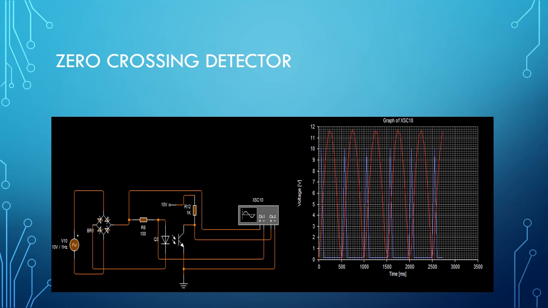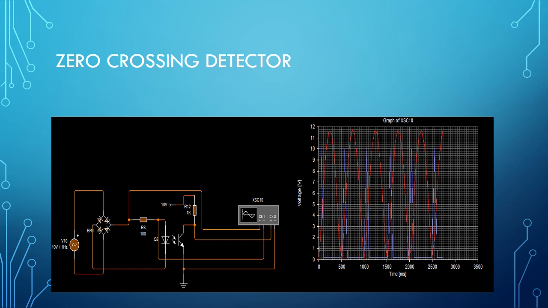To create this zero crossing detector, we use a full wave rectifier and an optocoupler, which has a light emitting diode and a phototransistor. When the voltage is zero, the diode goes off and the optocoupler transistor stops working, and the leg where the transistor collector goes is raised to 5 volts thanks to a pull-up resistor.